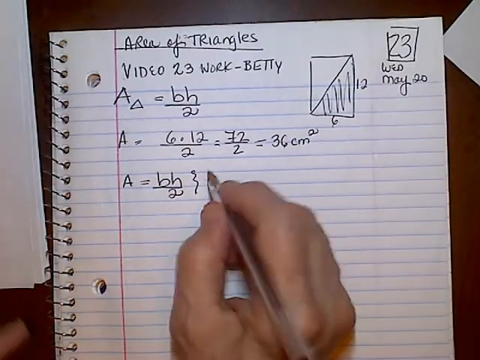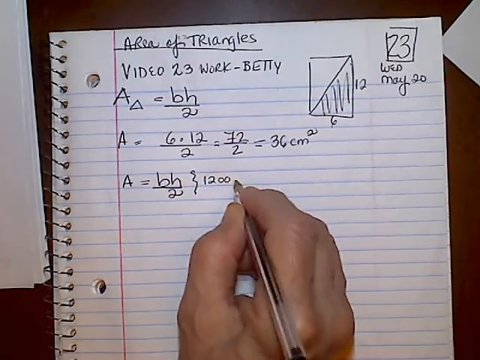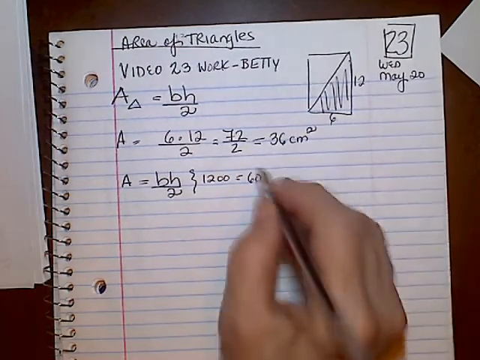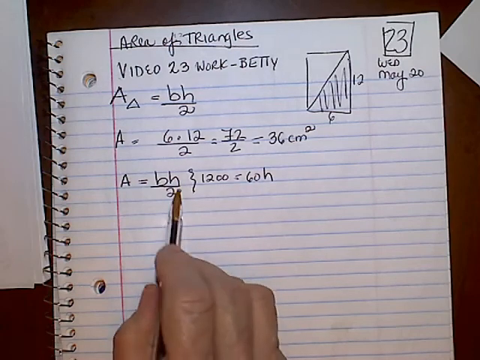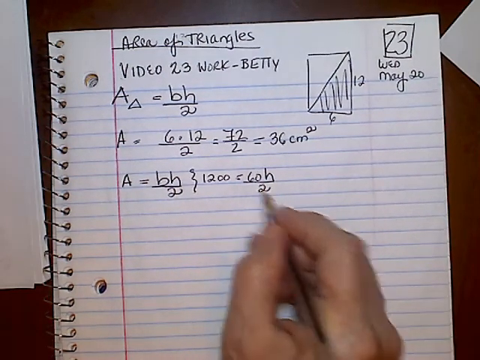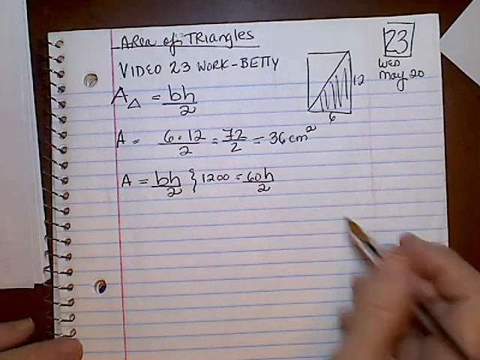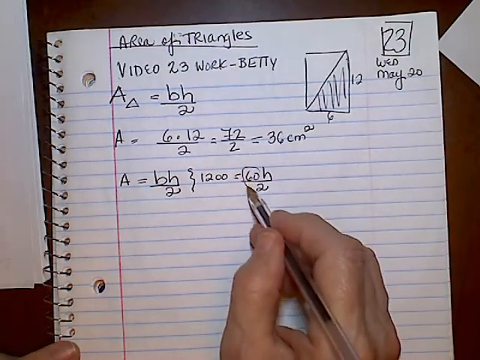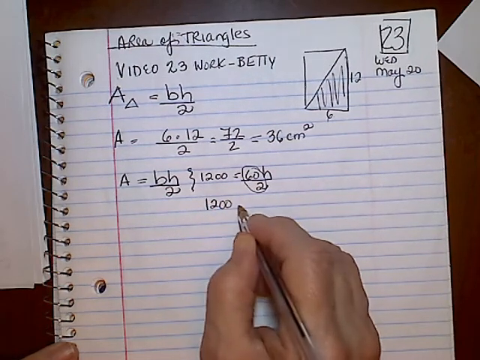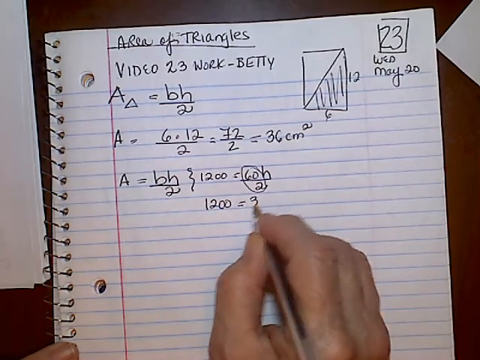The area is 1200. It goes where the A is. The base was 60. The height is h. And you must put that 2. Remember, because a triangle is half of a rectangle. Well, now, can I divide that by 2? Well, sure you can. So 1200 equals 30h.